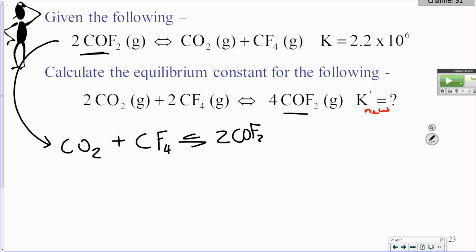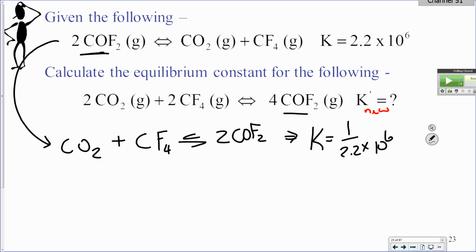When you do the Mastering Chemistry, it's looking for the phases. I'll warn you of that. So make sure you put the phases in the Mastering Chemistry. So if I were to spin this around, the K for this would be the inverse of 2.2 times 10 to the 6.